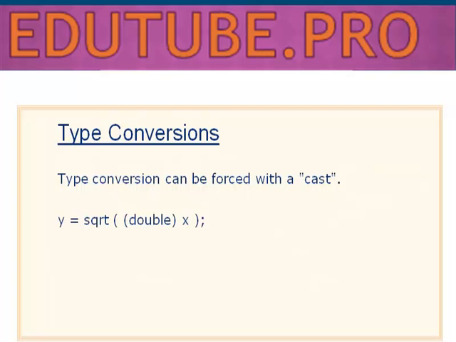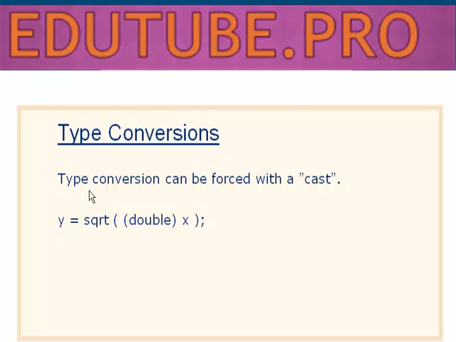So here, regardless of what x might be, it could be an integer or a character or who knows what up here in our program, we are going to pass it into the square root function. Well, now square root wants to have a double coming in. And inside these parens, we use the word double, and that is a type cast. So we are casting x to be a double before it ever goes into the square root.